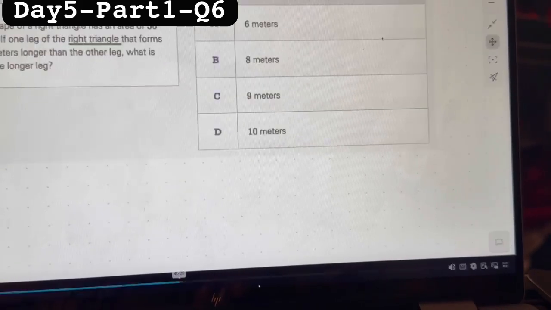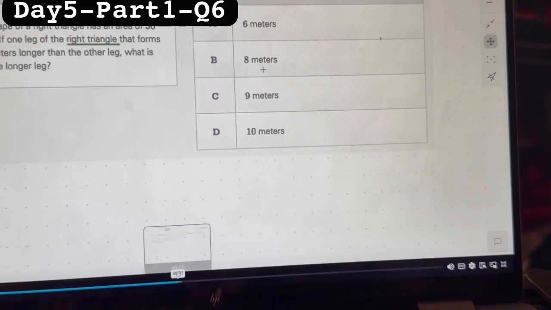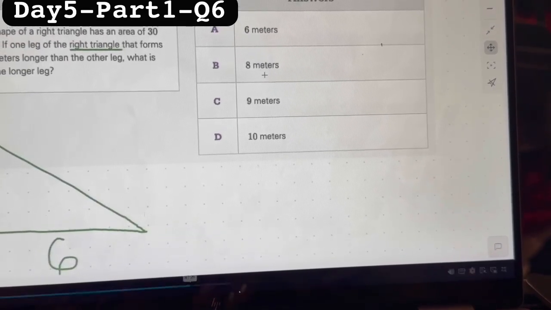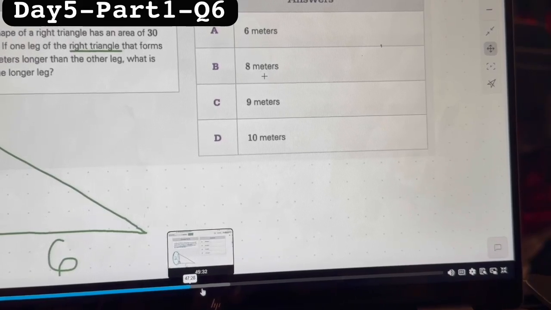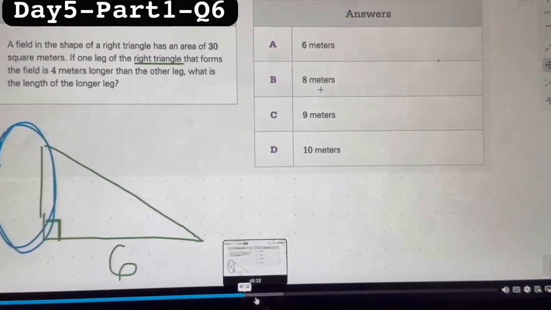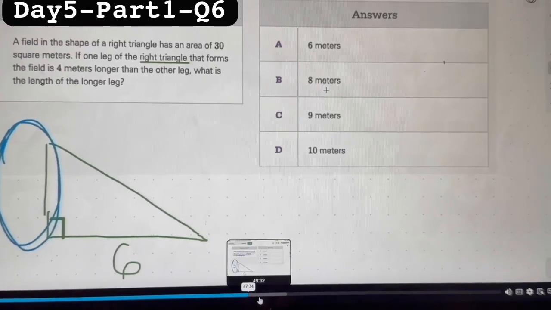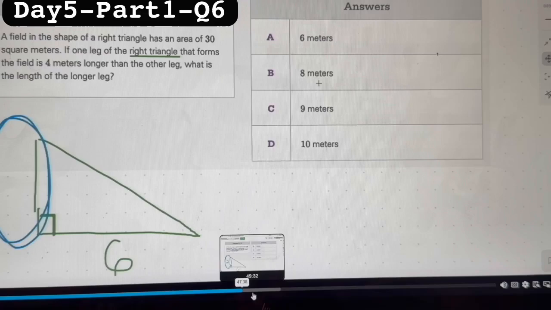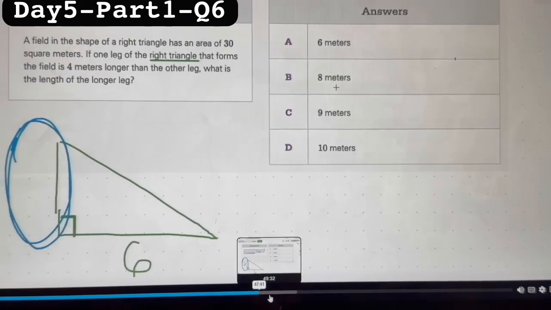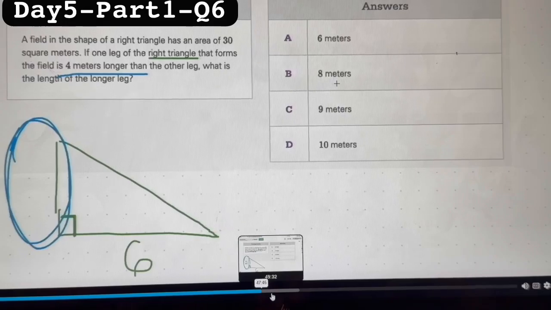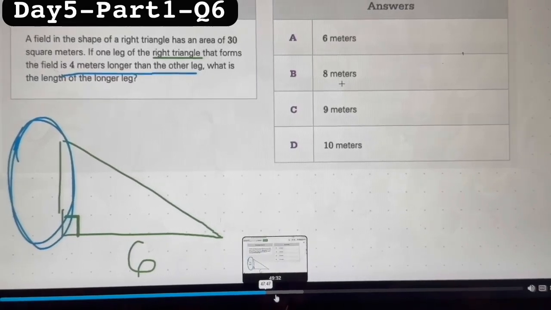So this is a field in the shape of a right triangle. I'm going to draw that right triangle. What's the size of this leg, the smaller leg? If the bigger leg is 6, what's the smaller leg? Is it 6 also? Well, remember, it says the bigger one is 4 meters longer than the other leg.